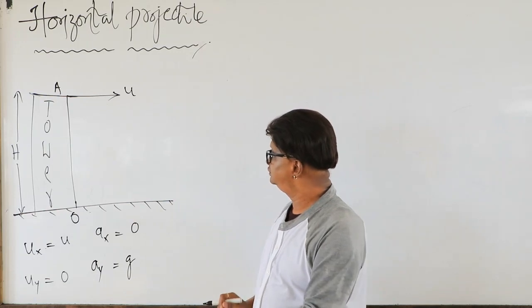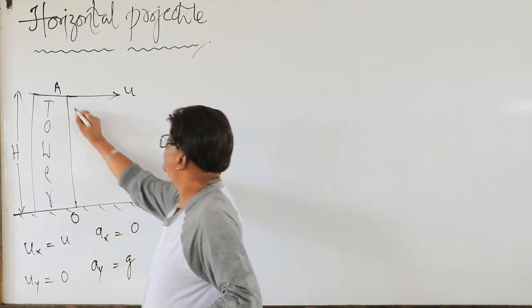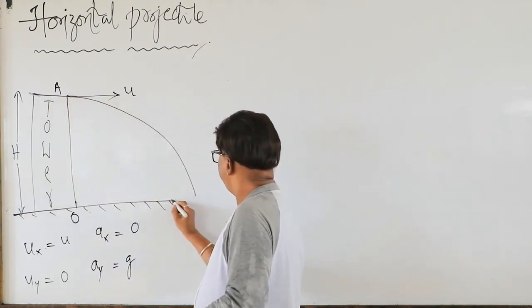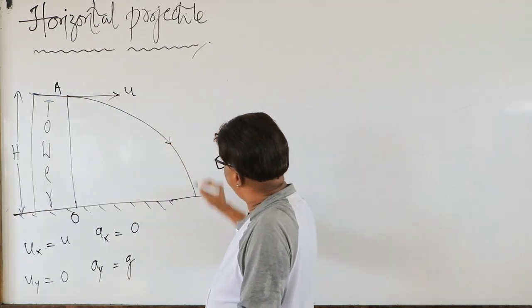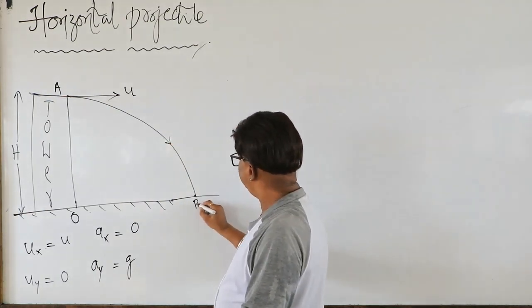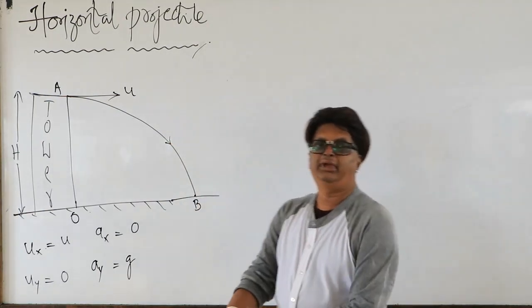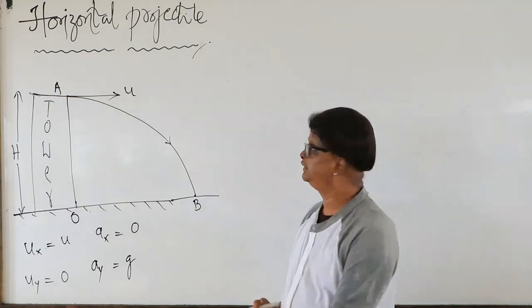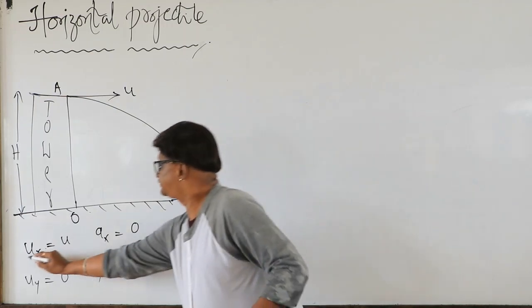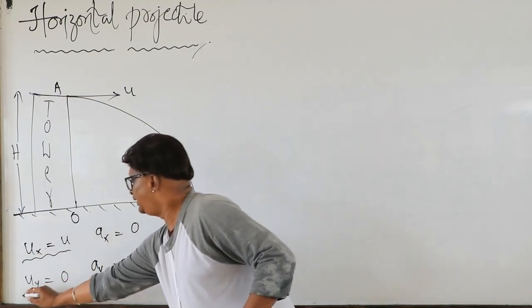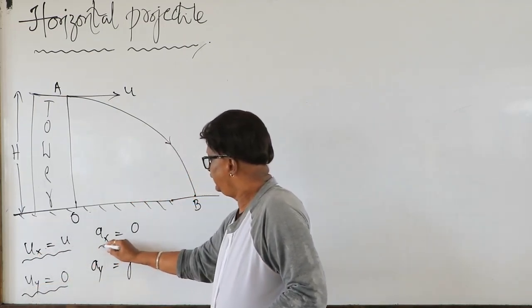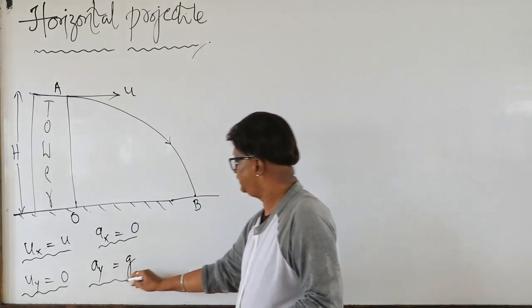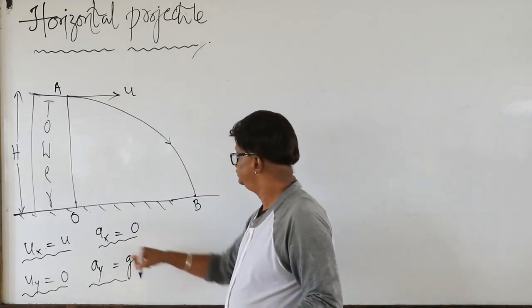Therefore the path comes like this, and this is the path in which it strikes the ground. I call this point B, where it strikes the ground. So these are the details: ux is equal to u, uy is equal to 0, ax is equal to 0, ay is equal to plus g.